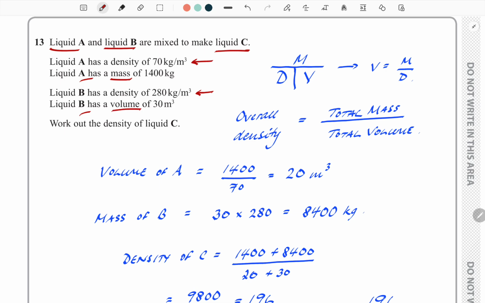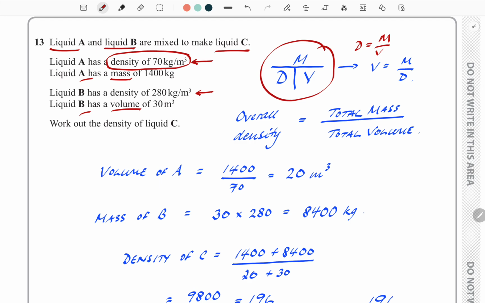And you are expected to remember that density equals mass divided by volume. If you're not sure, the hint is actually in the question. Look at this. Density of 70 kilograms per cubic meter.